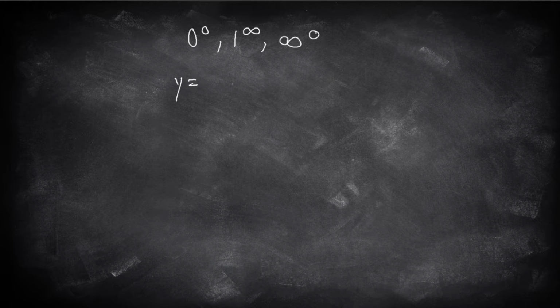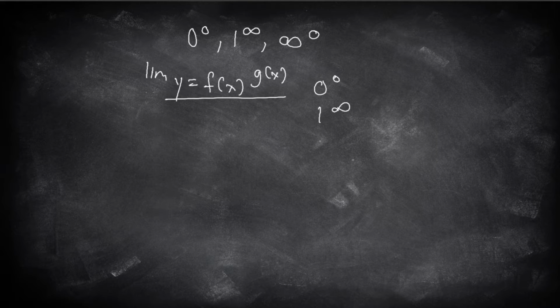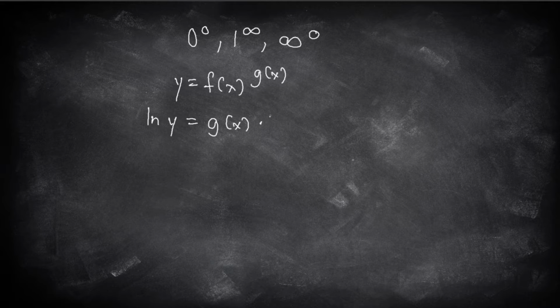So let's say y is f of x to the g of x, and we want to find the limit of y, but what happens if they come out as the form 0 to the 0, 1 to the power of infinity, or infinity to the 0? Then it's kind of weird. What we could do is this way. First, we're going to have to get the exponent down, so take the natural log. So that's g of x times the natural log of f of x.